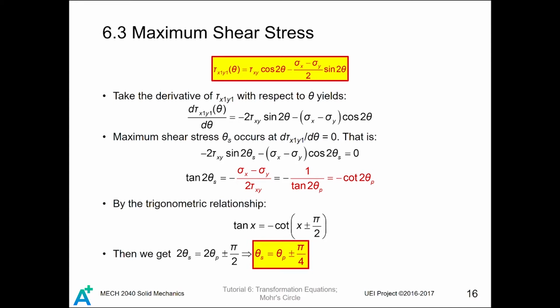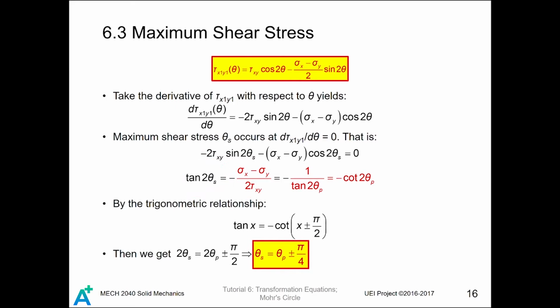Recall the transformation equation of the shear stress. Then we take the derivative of it with respect to theta, just like what we did for the direct stress. Then you will get d tau d theta equals minus 2 tau xy sine 2 theta minus sigma x minus sigma y cosine 2 theta. And we solve it when the derivative equals 0. Then we have tangent 2 theta s equals minus cotangent 2 theta p. What does that mean?